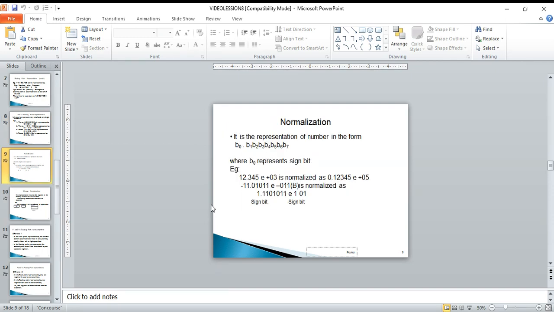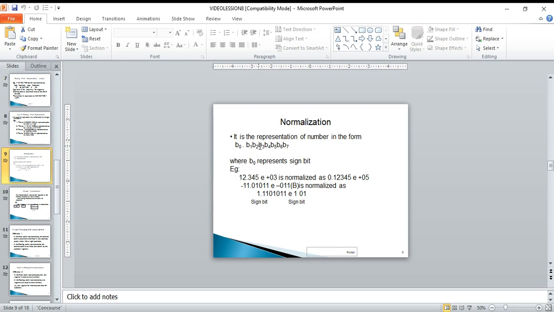So normalization. What is the normalization of a number? We have to represent the floating point number in this form. If you are representing the number in the floating point representation, after performing an operation on that floating point number, we have to represent the data in this form, and that is the normalization of the number.